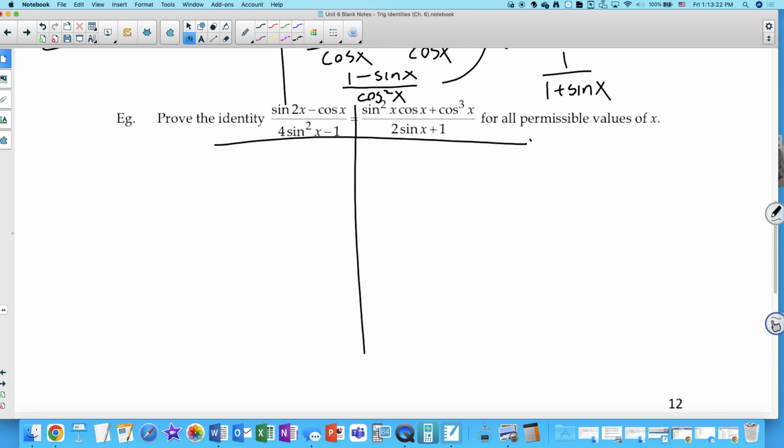And if you want to take it one step at a time, on the left side we have sine of 2x minus cos x. Not a bad idea.